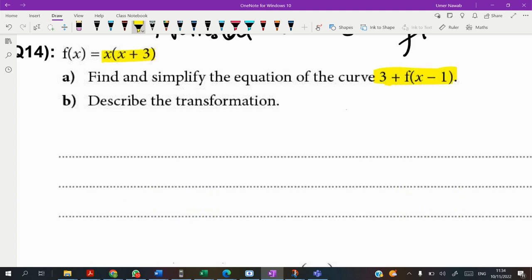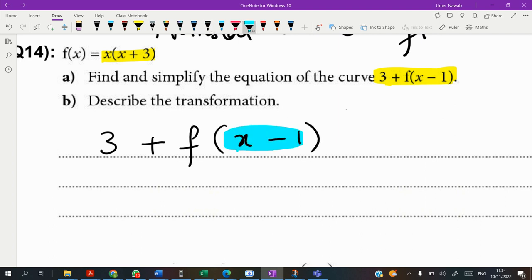Next question is this. He said, what is this equation? Solve this equation. Okay, let's try to solve this equation. 3 plus f of x minus 1. Okay, can I put x minus 1 in the place of x?